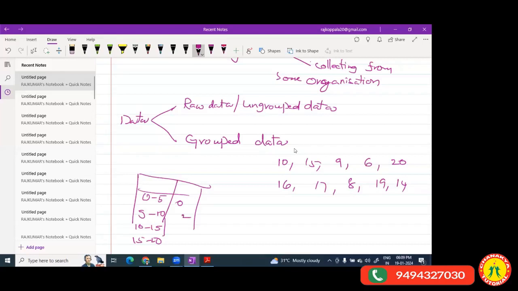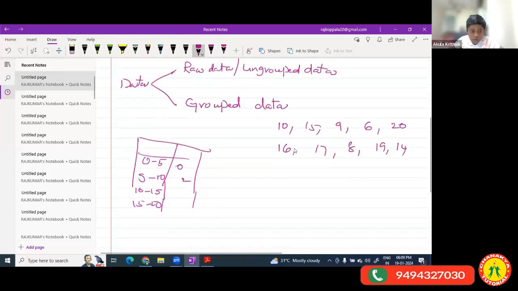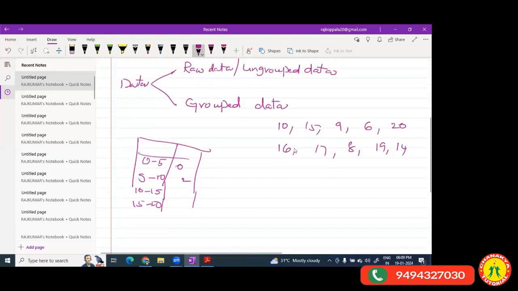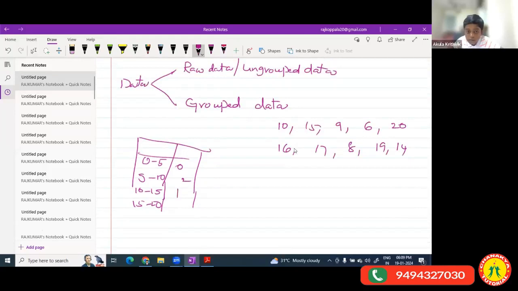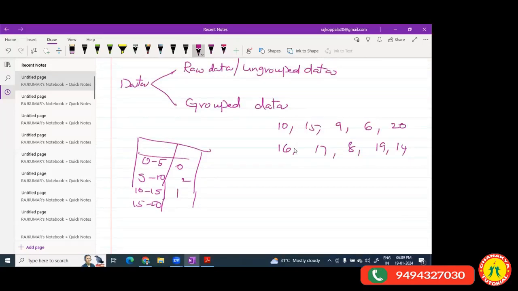Simply you are listening like a movie. I am explaining, and I don't know whether you are listening or not. Ashwant, switch on your camera. Anubhav, you also switch on your camera. So 10 to 15, only 1. 5 to 10, 3. 15 to 20, 6 are there.